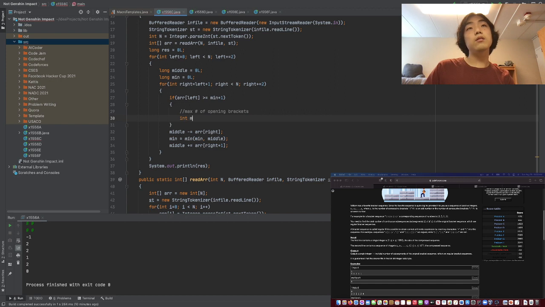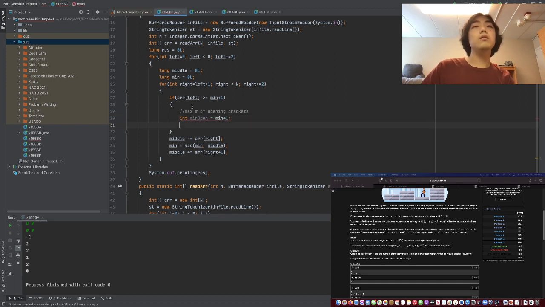Okay, wait. Let me int min open is equal to min plus 1, or I guess long max open is equal to... shoot.